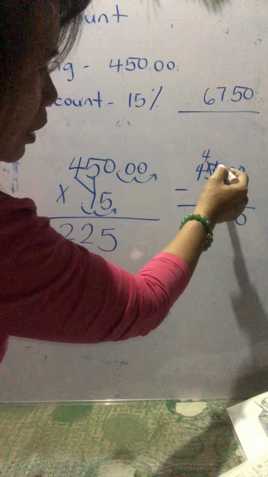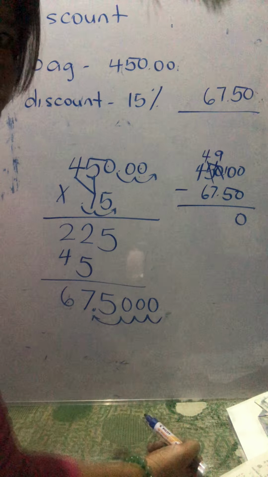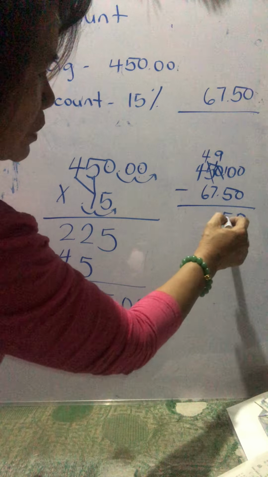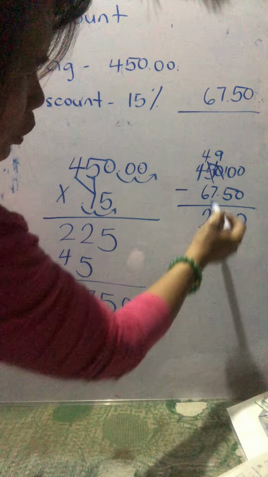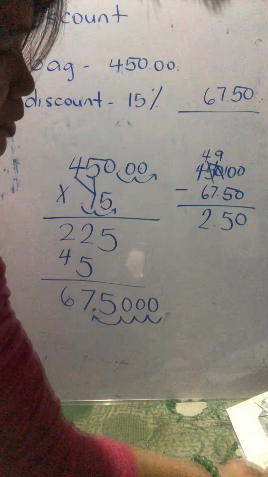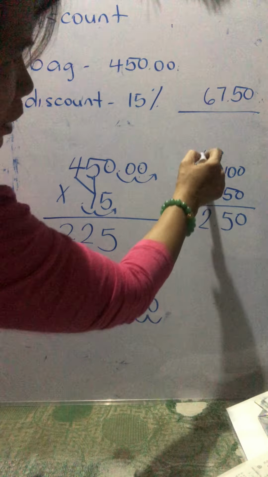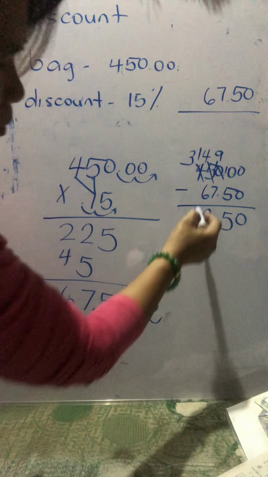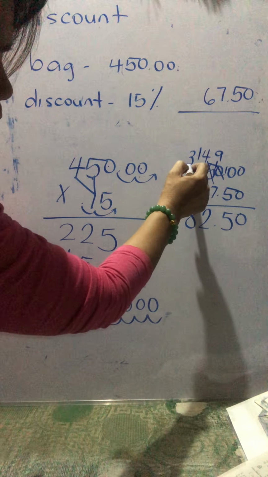This one has to borrow too, 10 will become 9, and this will become 10. 10 minus 5 is 5. 9 minus 7 is 2. And then 4 minus 6 cannot be, so borrow from 4, it will become 3, and this will become 14. 14 minus 6 is 8. And then bring down 3.